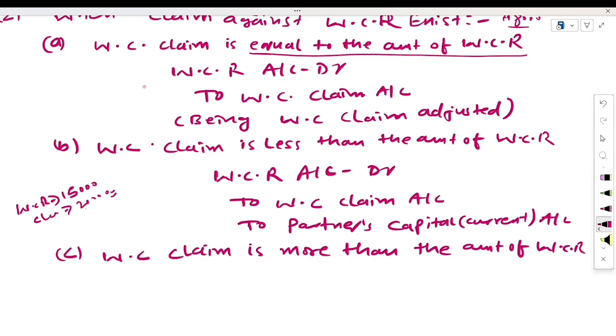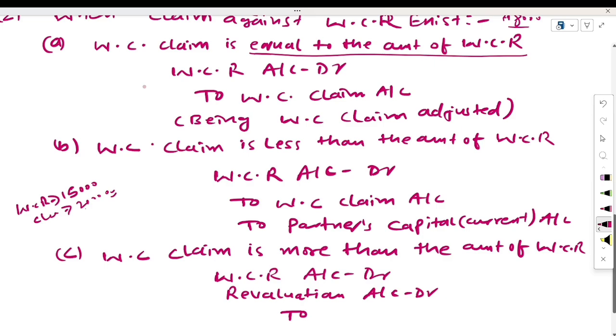If it is less than, we are crediting the partners' capital account with the remaining balance. And if it is more than, then the partners' capital account will be debited. It means we will make the entry: workmen compensation reserve account debit, revaluation account debit, to workmen compensation claim account.